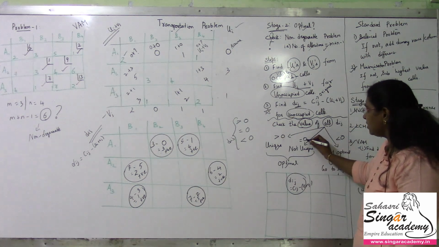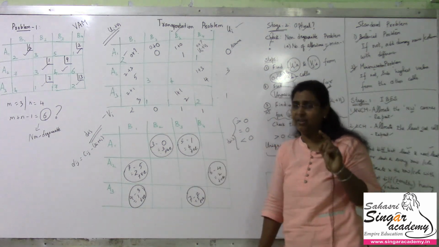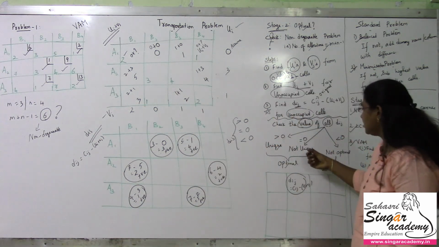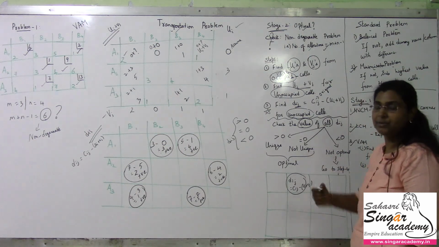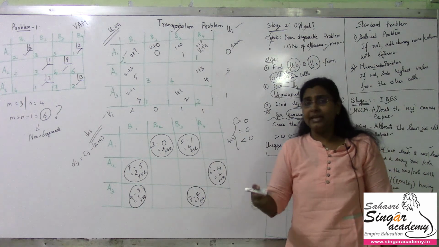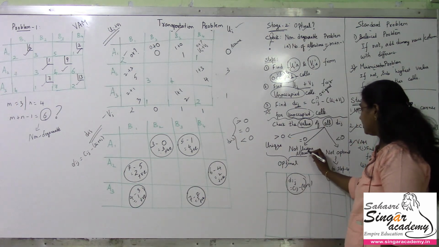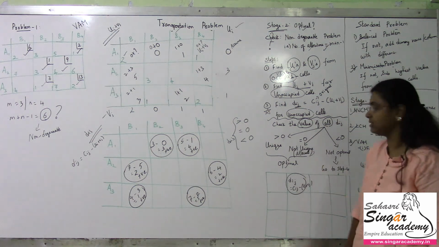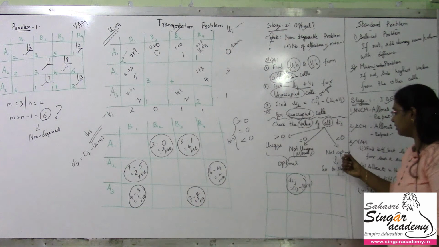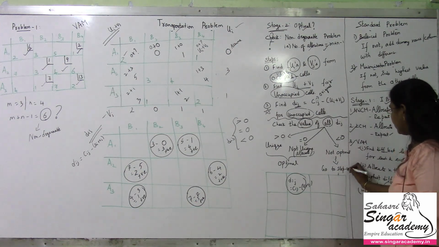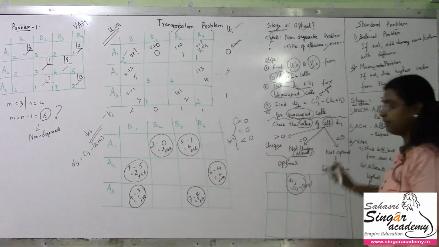If I get any value equal to 0 in the unoccupied cells of this table, then the solution is not unique but optimal, which means you can go for any other alternate solution. So an alternate solution exists, right, alternate solution exists. If any one happens to be less than 0, yes, not optimal, go for step 4. See, first step, second step, third step is over, go for step 4.